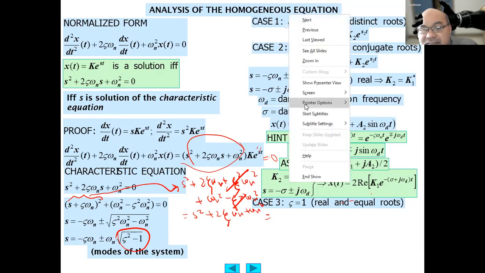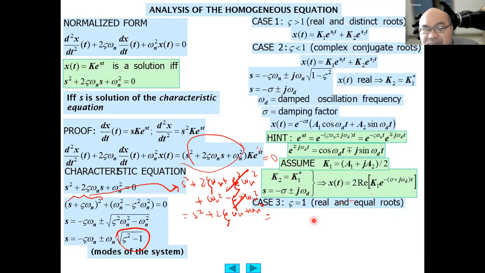Case 3 is when zeta square equals 1. When zeta square equals 1, it means this term under the square root becomes 0, right? Since it is 0, s becomes only minus zeta omega n plus minus 0. So you have only a single root basically, or you have two but equal roots. s becomes equal to minus zeta omega n.